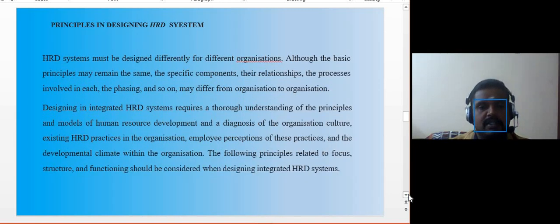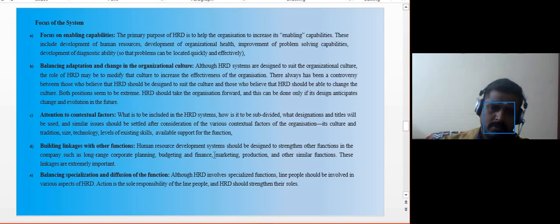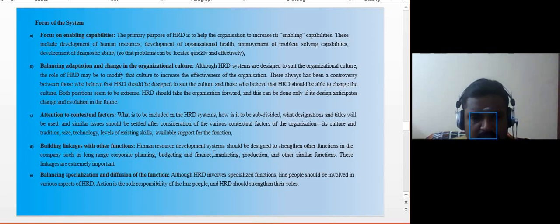The principles in designing a human resource development system. The HRD system must be designed differently for different organizations. Once we focus on that particular system, it will definitely be more helpful to the growing organization as well as the future organization.